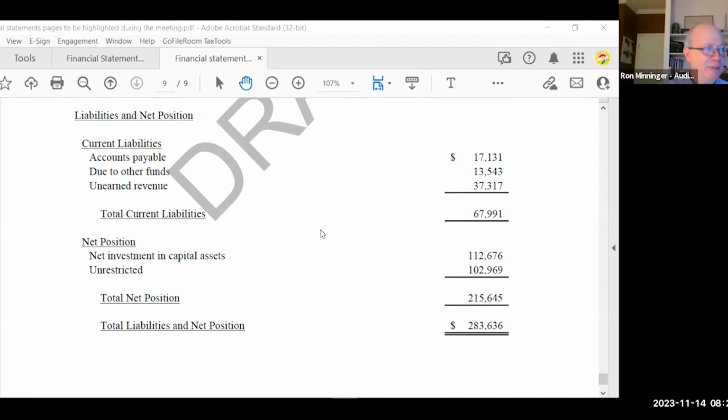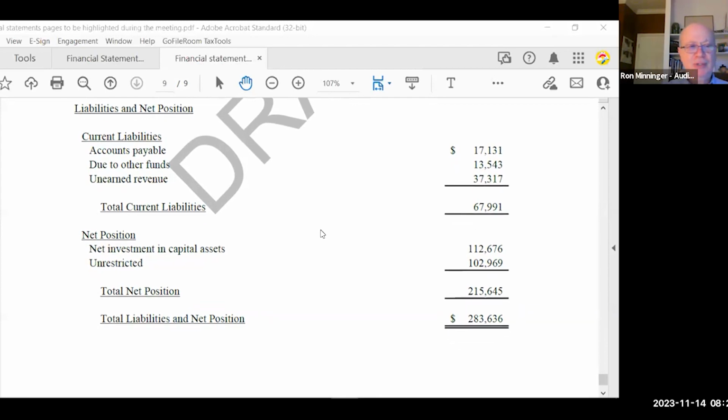Again, the schedule of expenditures of federal awards is nearly complete, but that is a schedule that you really want to nail down, because if it's off by $100, you'll get a letter in the mail from one of the funders, particularly Pennsylvania Department of Education. The single audit will be performed soon. And then, of course, Kara will be working on management's discussion and analysis.